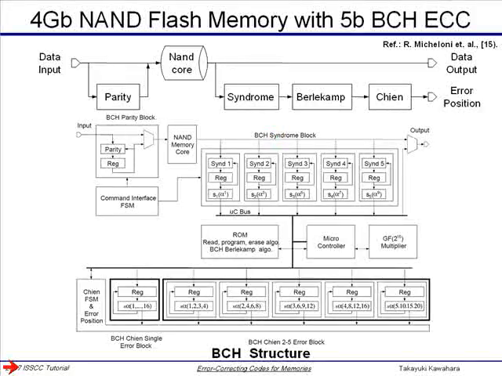This is maybe from last year's ISSCC: a 4-gigabit NAND flash. This is a multi-bit flash. Multi-bit means they store 2 bits in 1 cell, so it is very hard for reliability. So they use 4-bit BCH. BCH is one of the cyclic codes.